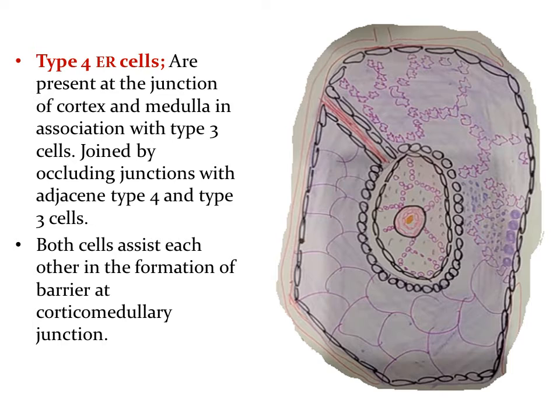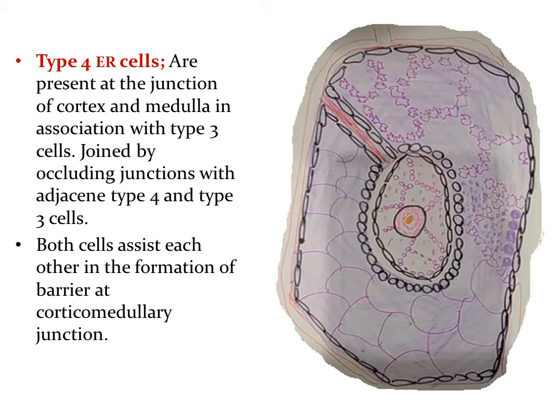The type 4 cells are located in the medulla. These are the type 4 epithelial reticular cells, present at the junction of the cortex and the medulla in association with the type 3 cells, joined by occluding junctions with adjacent type 4 and type 3 cells.